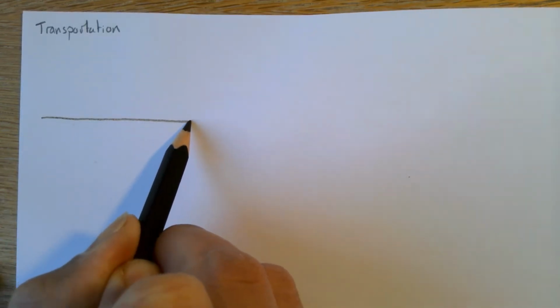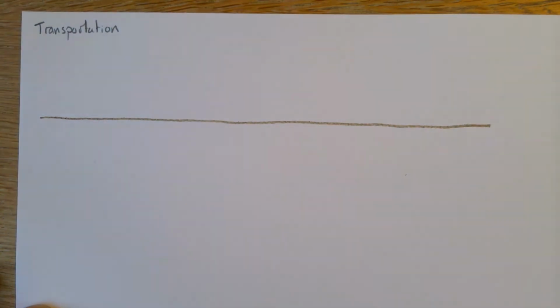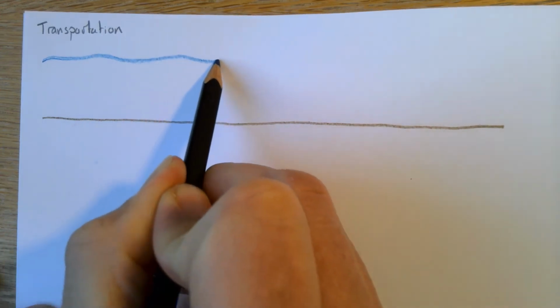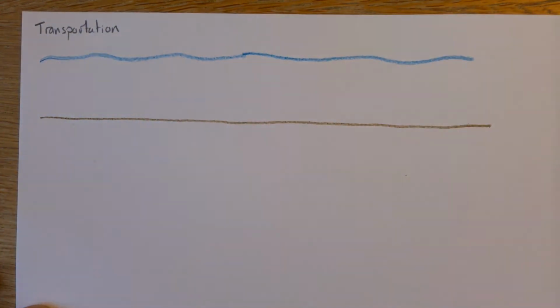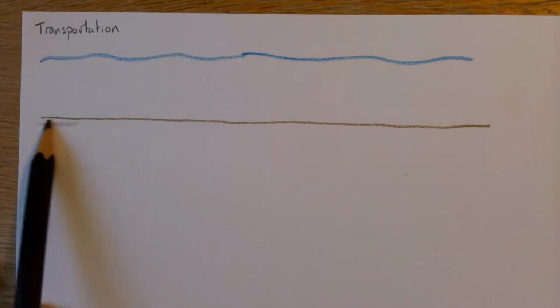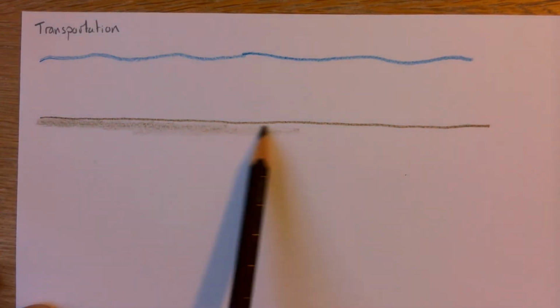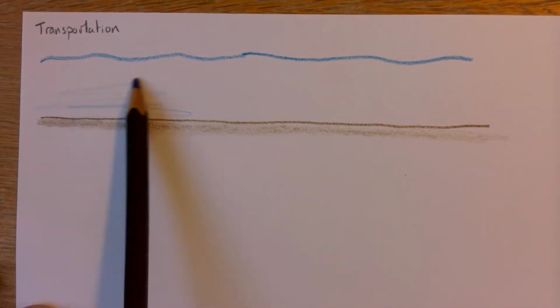Okay, so there are four main methods of transportation of material at the coastline, and the method that is in operation depends upon the energy of the water and the size of the material. So here we have the bedrock or the surface underneath the water, and this is our water column.